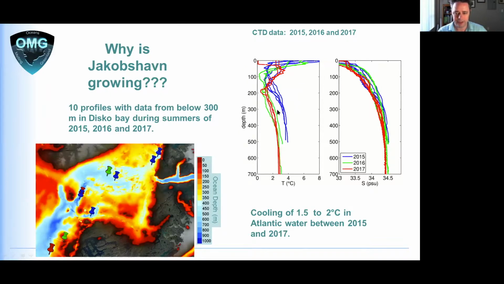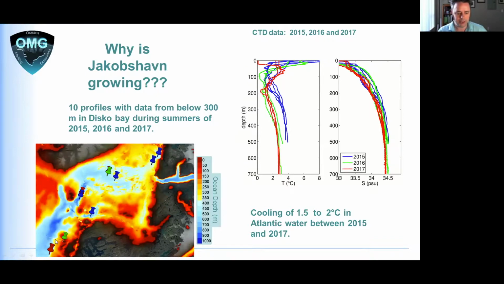They're color coded, so blue is 2015, green is 2016, and red is 2017. Likewise, the pins in the Disco Bay area. What you can see is that in 2015, it was substantially warmer and saltier in Disco Bay in all these regions.